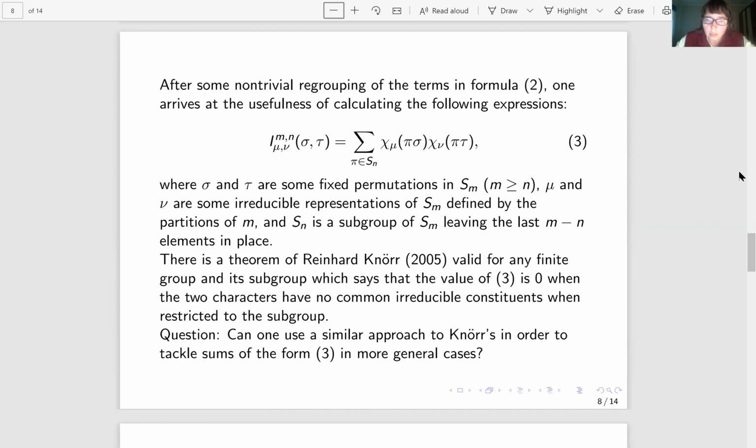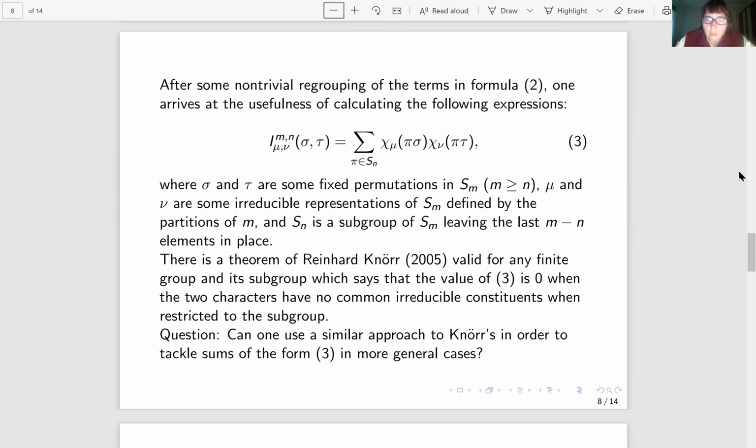Basically, we found that someone named Reinhard Knörr, who is a German mathematician, wrote a paper in 2005 in finite group theory where they can actually calculate this kind of sum in some cases. It's not just for the symmetric group, it's for any finite group and its subgroup. They say that the value of this expression is 0 when two characters have no common irreducible constituents when restricted to the subgroup.